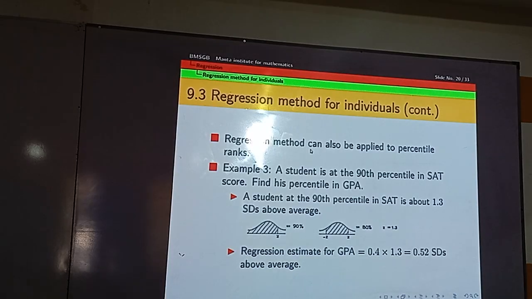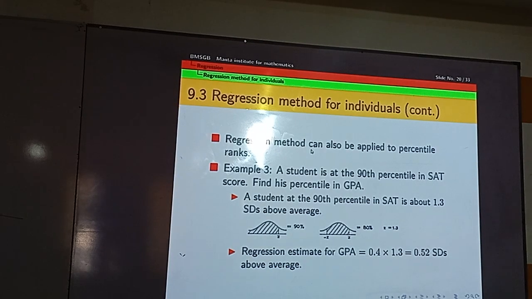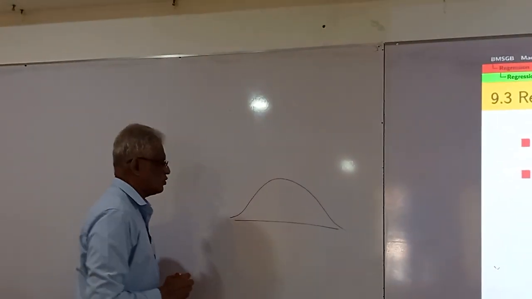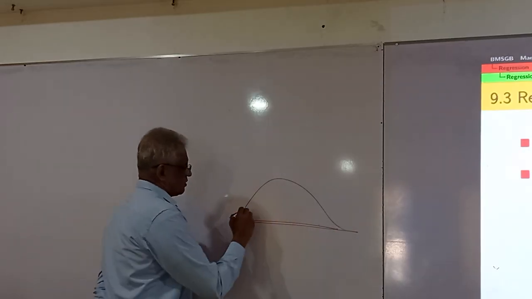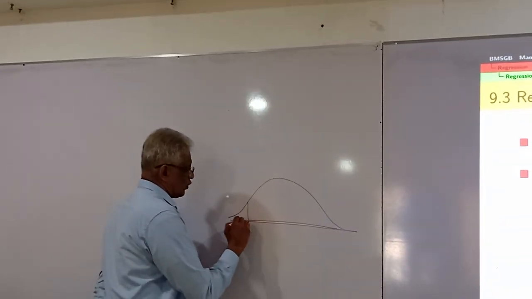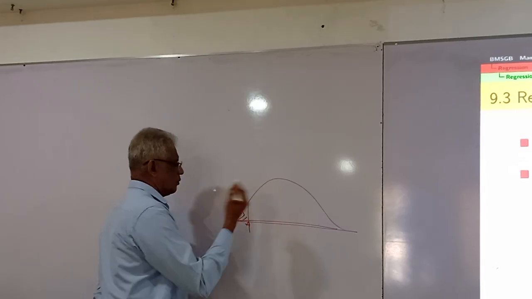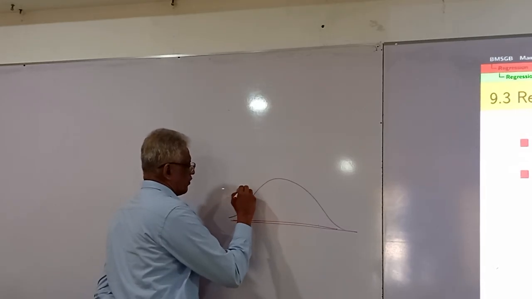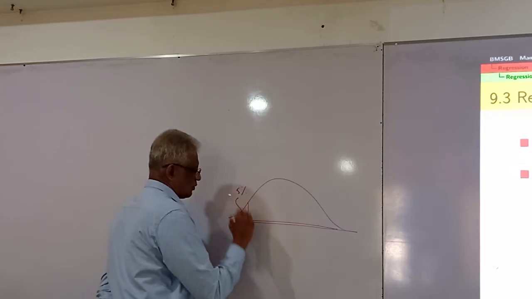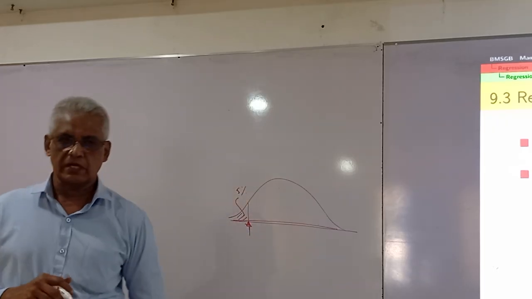If you remember what a percentile is, suppose you have a normal distribution and some value below which the proportion is, say, 5%, then this value is the fifth percentile.